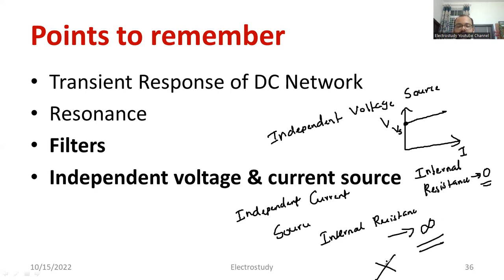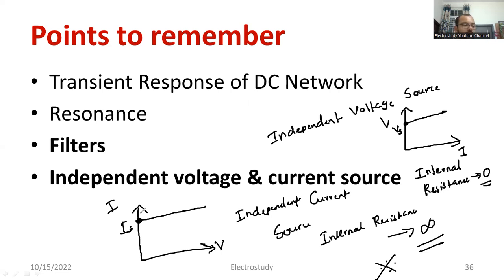This is very essential from your competitive examination point of view. If I plot the graph of independent current source, I can mark like this. Because current remains the same, the source resistance or internal resistance becomes infinity.